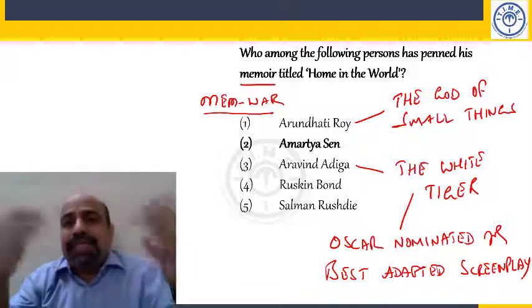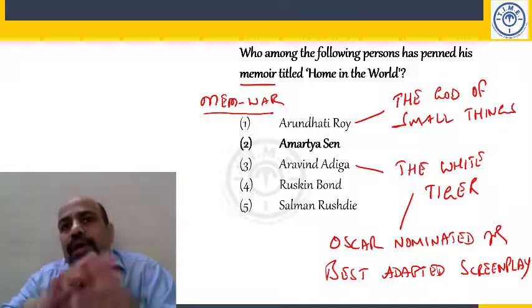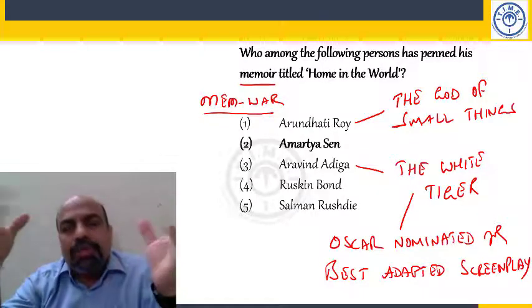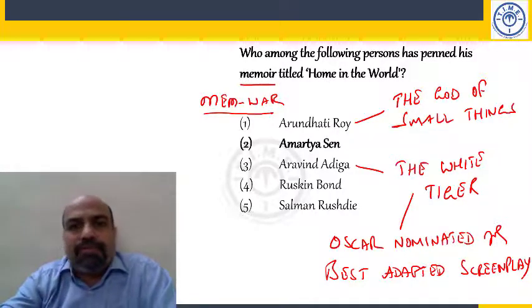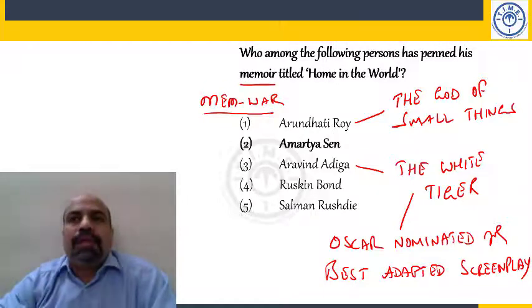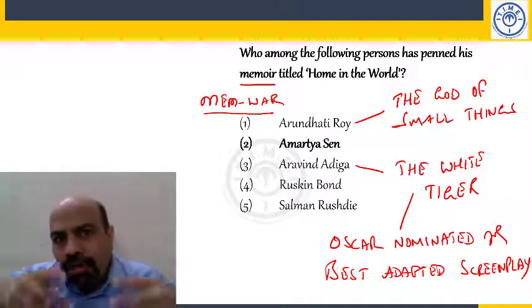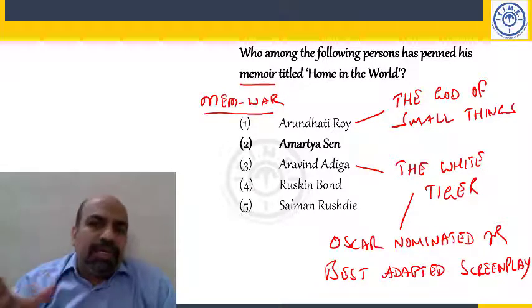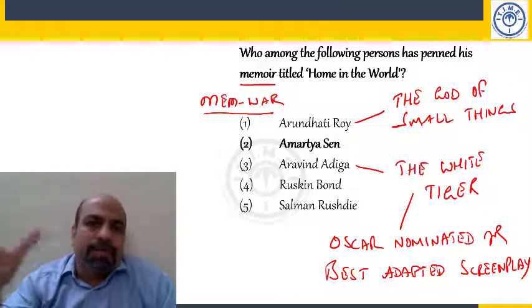See, there is an entry. Let's say foreign language entry. 100 films are sent from different parts of the world to be featured in the best foreign film category. This is a long list. All the entries together are called the long list. Of these, the top 5 are shortlisted and they are nominated.